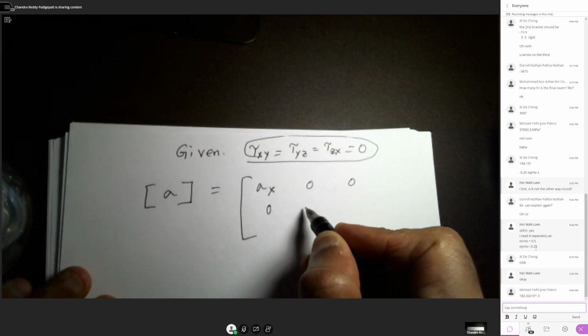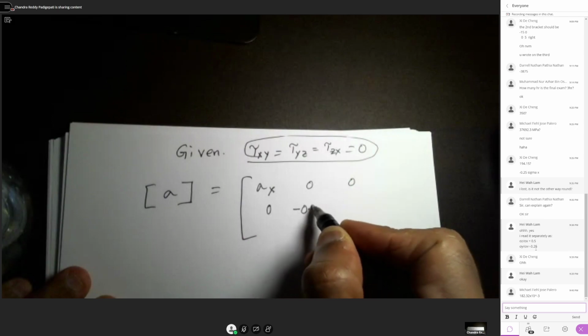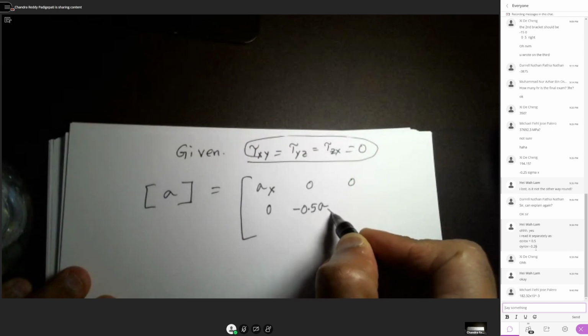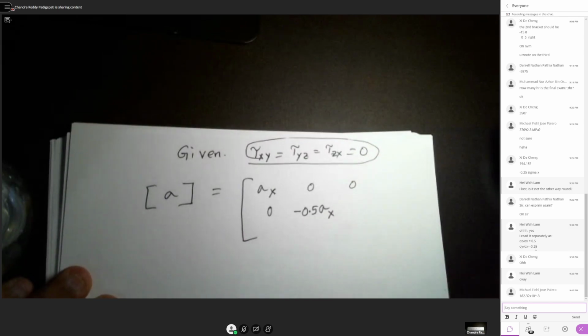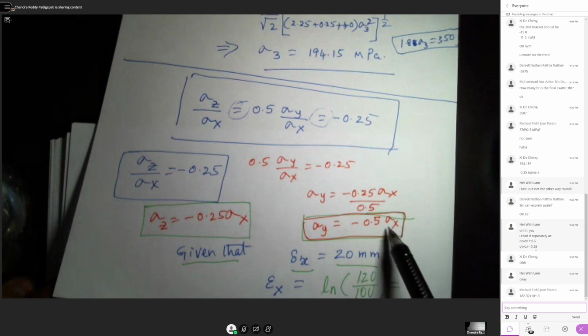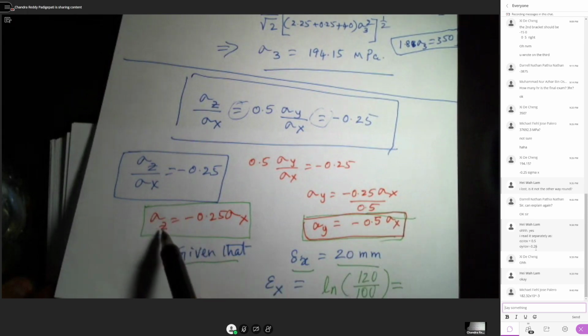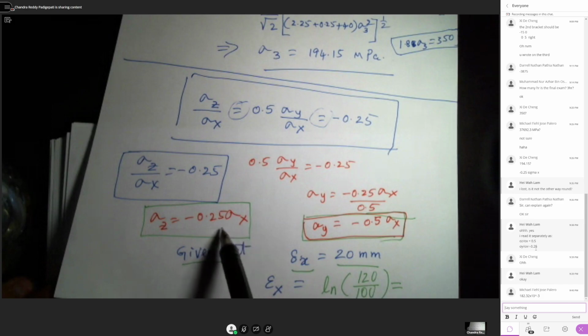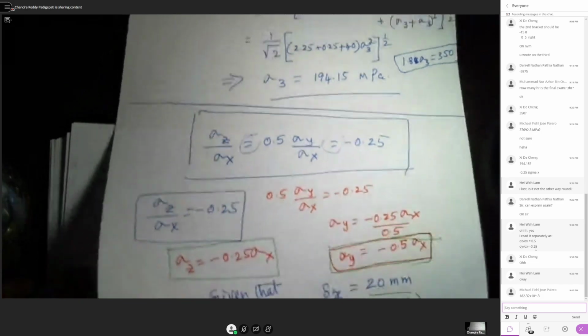What is sigma y? You can write sigma y in terms of sigma x as negative 0.5 sigma x. You can refer back here. Similarly, sigma z I can write as negative 0.25 sigma x.